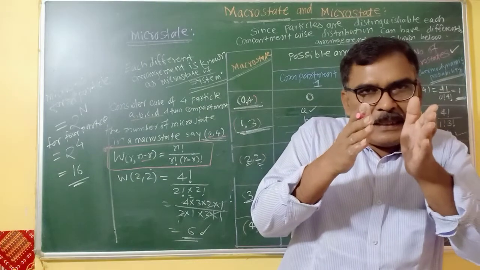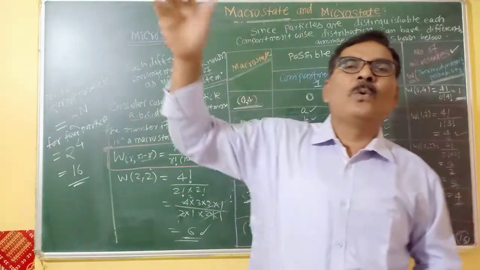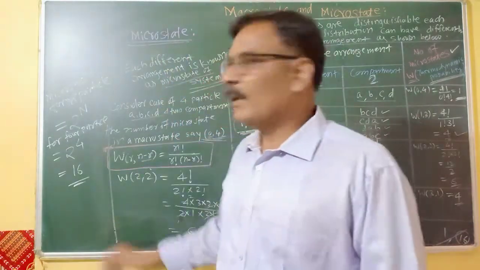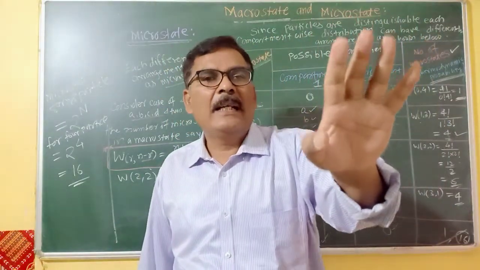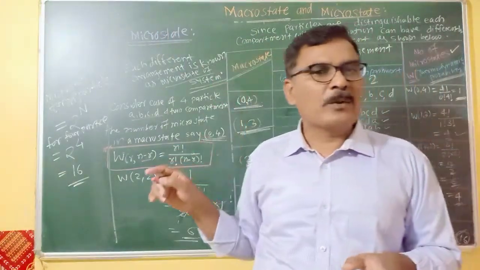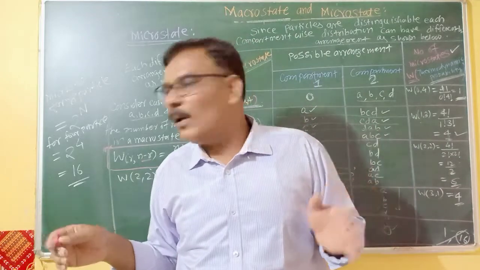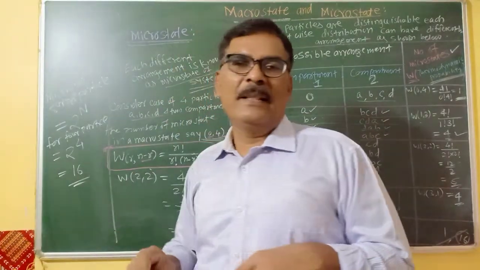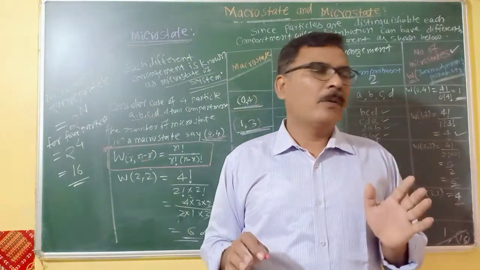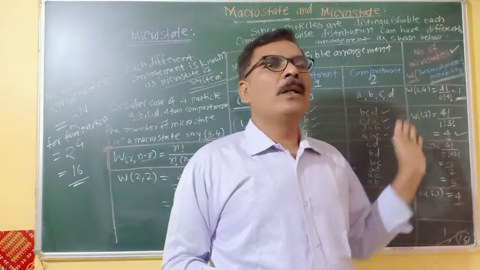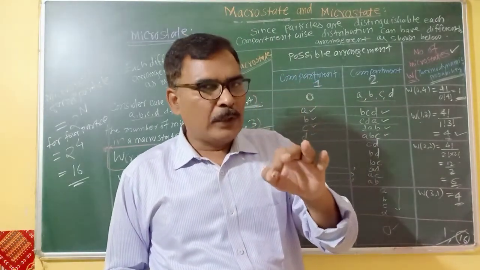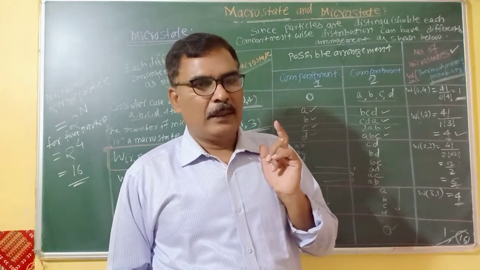N particle, there are 2 raised to n microstate. 4 particle, there are 2 raised to 4 microstate. What is the answer for 2 raised to 4? That is get the 16. And this is the very important case for microstate. I hope we have to understand this table and how the possible cases can be drawn from the given macrostate to microstate. Okay, thank you.